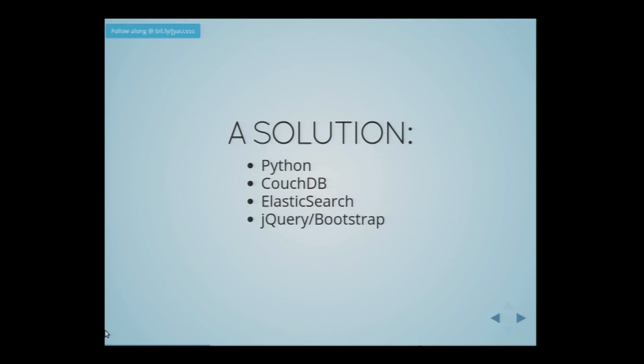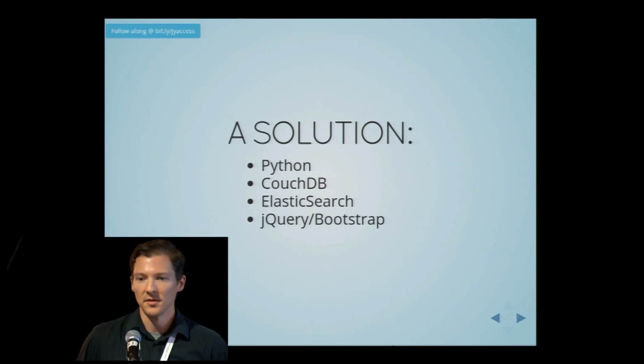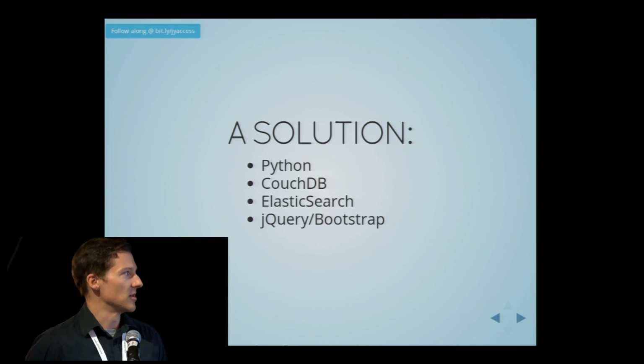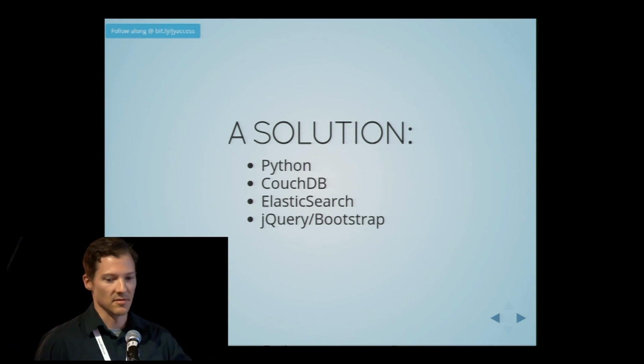All right, so I'm using these 4 things. I'm using Python, a script to get everything from the MARC into CouchDB. CouchDB is a NoSQL database, and I'll get into the details as we go through. Elasticsearch is the indexer. And then I'm using jQuery and Bootstrap, simple Ajax, JavaScript, and CSS to display the content.